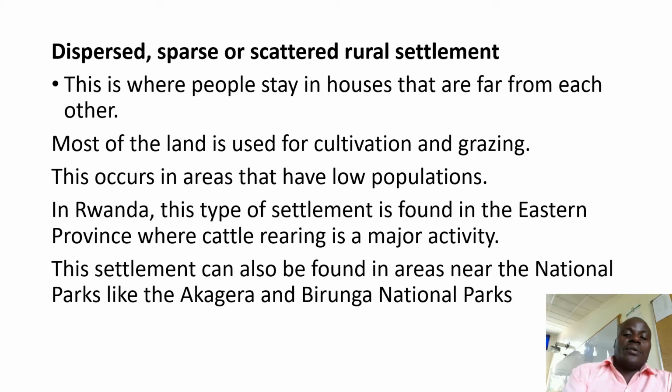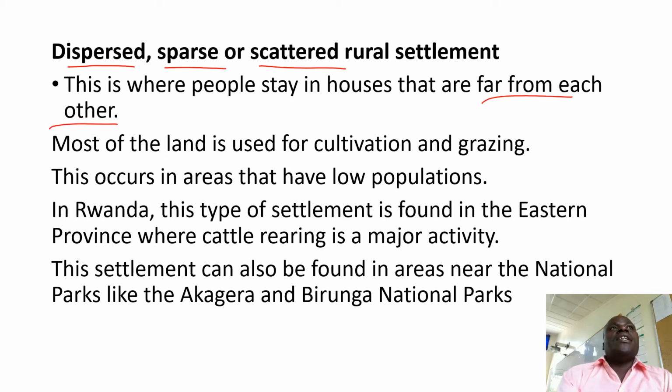Then two, we have sparse, scattered or dispersed rural settlements. Here, people stay in houses far from each other. There is a big gap between one household and another, because maybe people want to reserve space for cultivation and animal keeping.